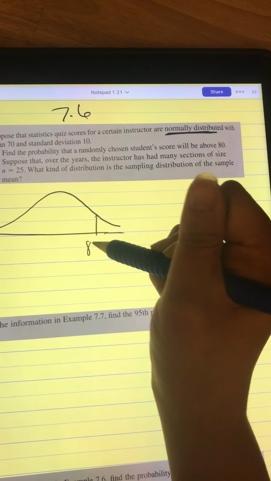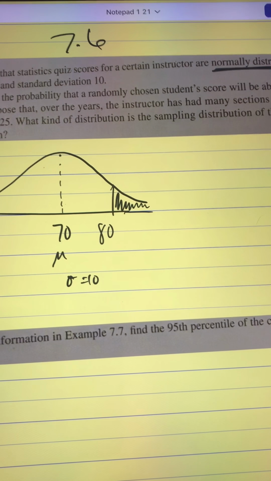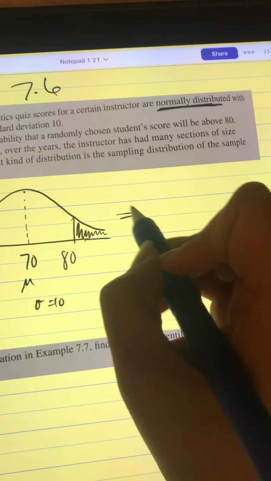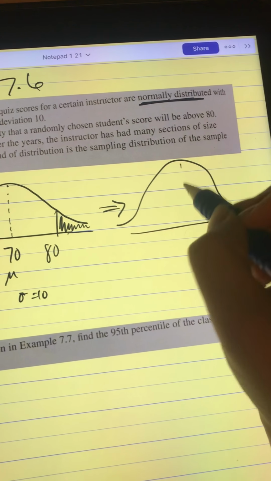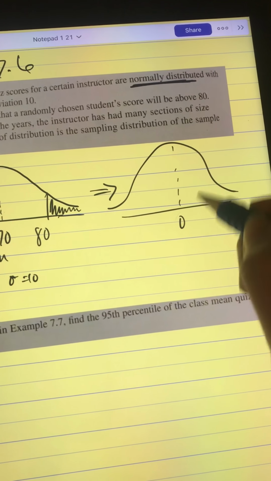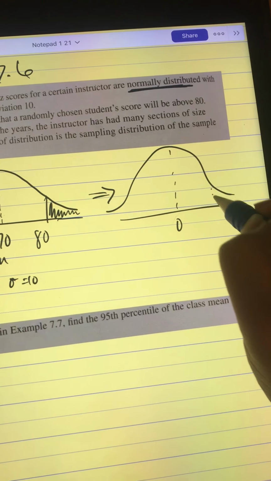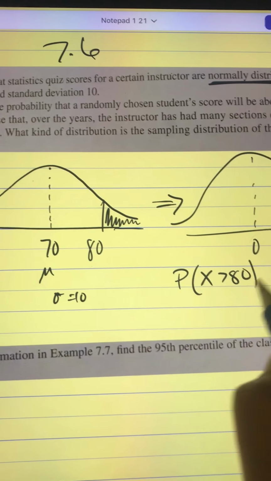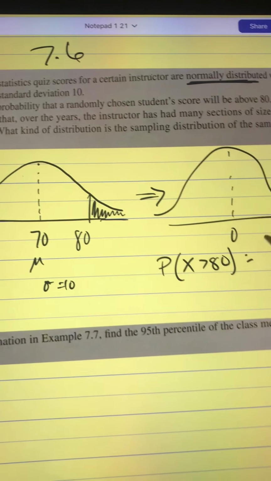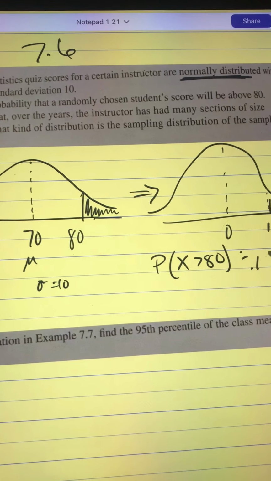If you have your empirical rule memorized, then you know that this is the same thing as the mean being 0, and above the 80 is actually just above 1. So the probability of having an x greater than 80 is about 0.1587. So these are the x's, these are the z-scores. This is the same thing as the probability of the z being greater than 1.